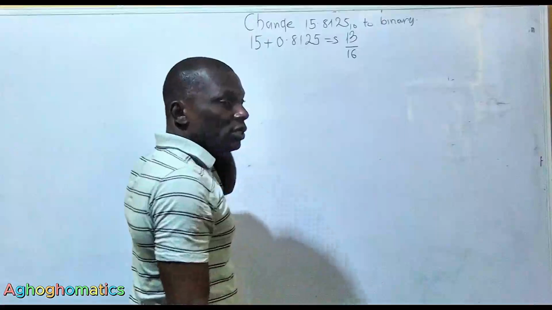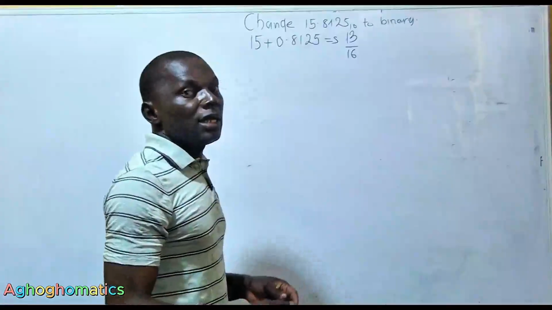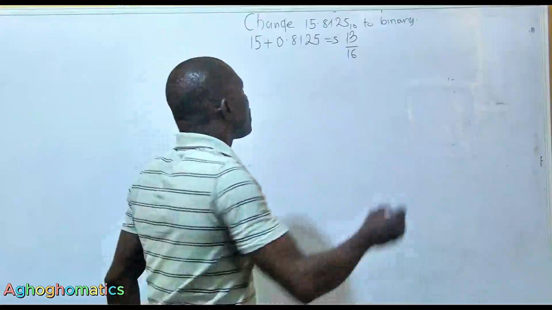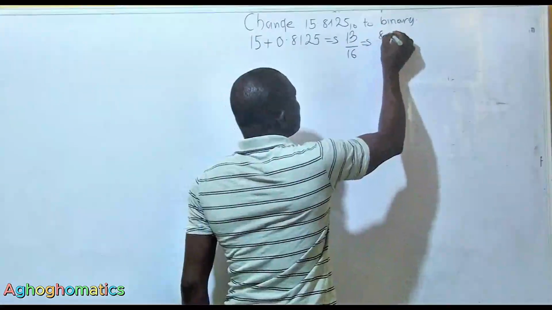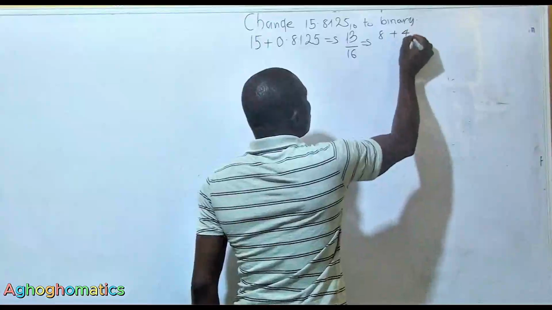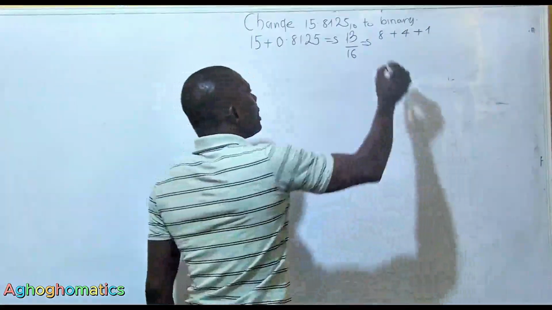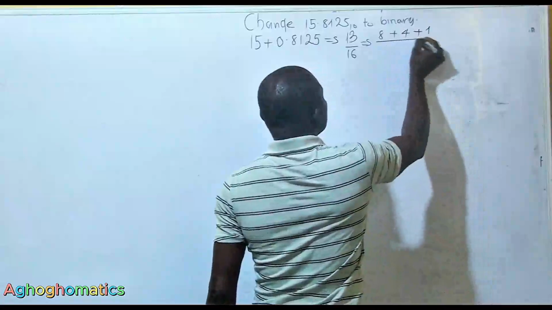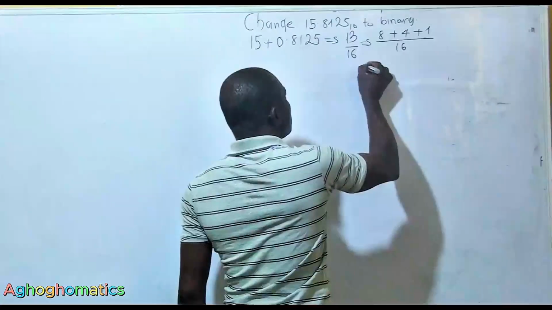Because we are changing to base 2, having the denominator as 16 makes our work easier. But the 13 at the numerator can also be expressed as 8 plus 4 plus 1, and all divided by 16.